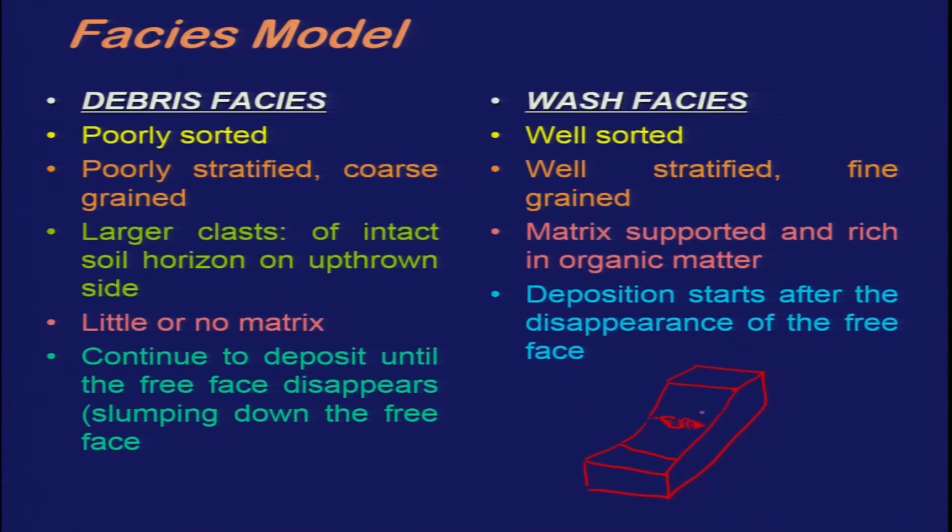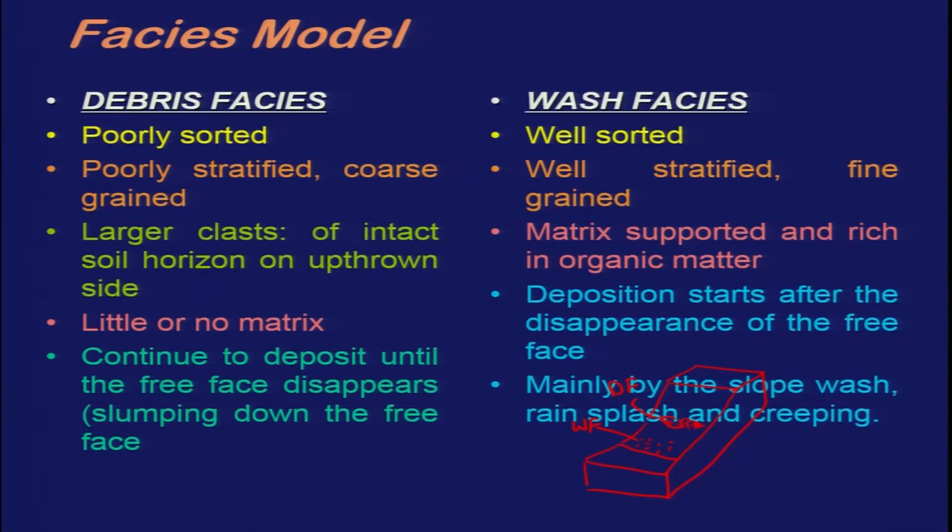The deposition of the debris will stop when the slope disappears, that is, when the free face disappears and the slope is stabilized, but the finer one, the wash facies, will be somewhere here. So you will see that they are comparatively finer and well sorted.